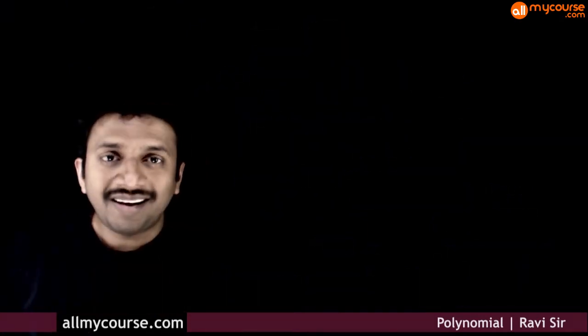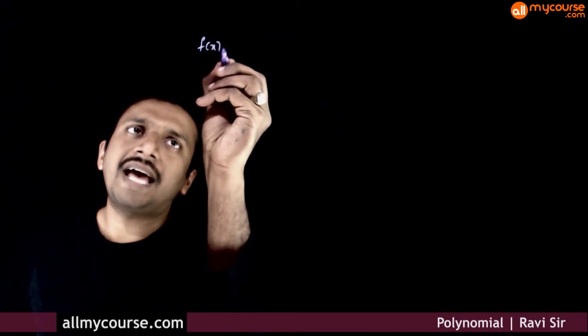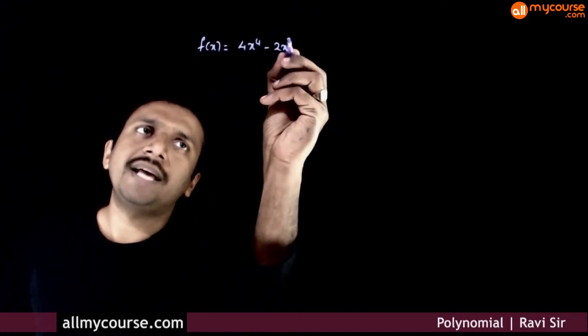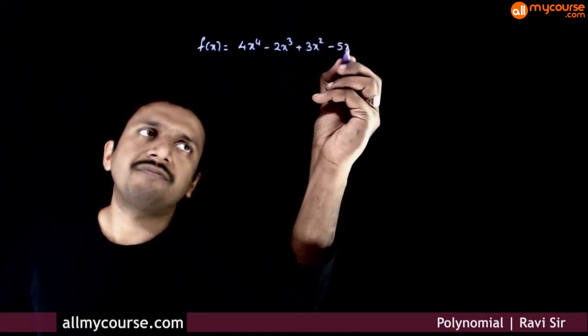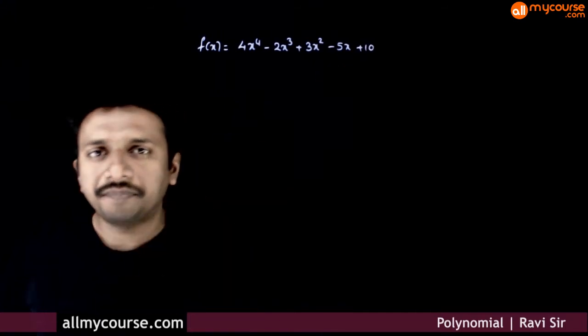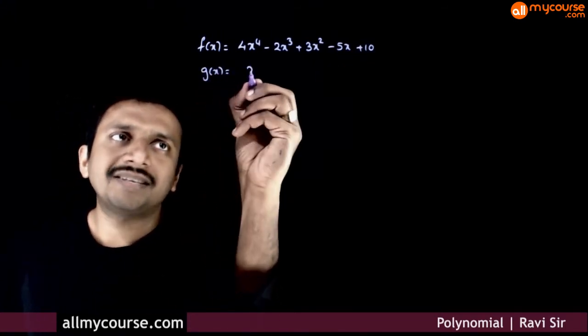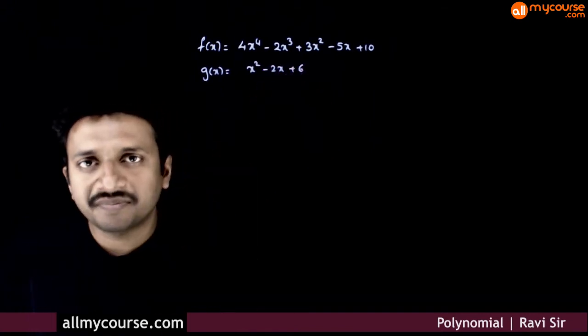For example, let us take two polynomials. Let us take f of x as 4x power 4 minus 2x cube plus 3x square minus 5x plus 10. And let us take the next polynomial g of x as x square minus 2x plus 6.